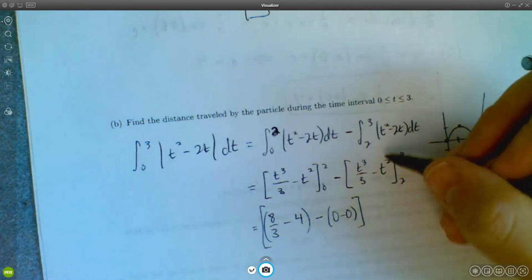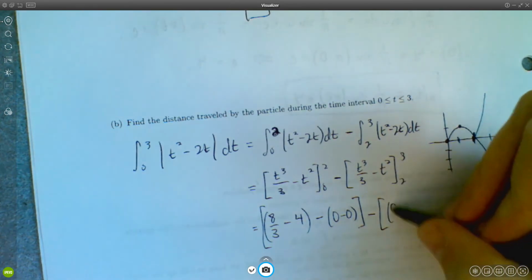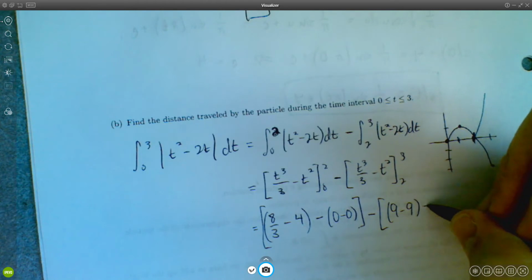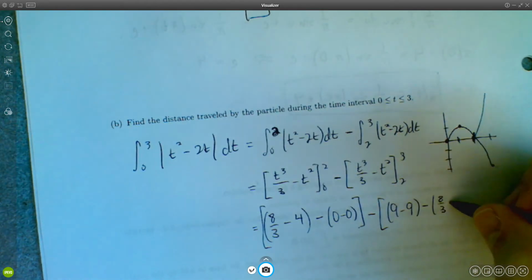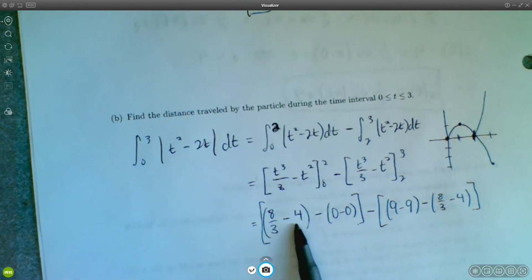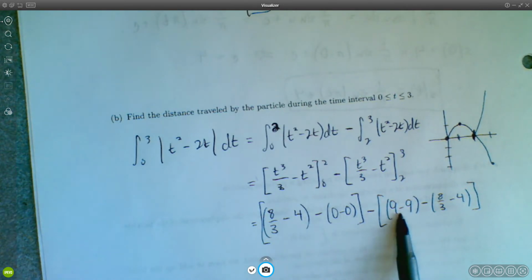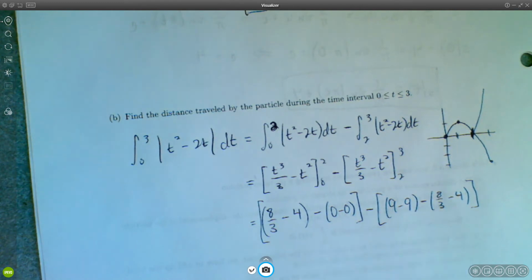To evaluate this one, if I plug in 3, I get 9 minus 9, minus, if I plug in 2, 8 thirds minus 4. So it's really 8 thirds minus 4, because this is 0, right? So it's really 8 thirds minus 4 plus 8 thirds minus 4.